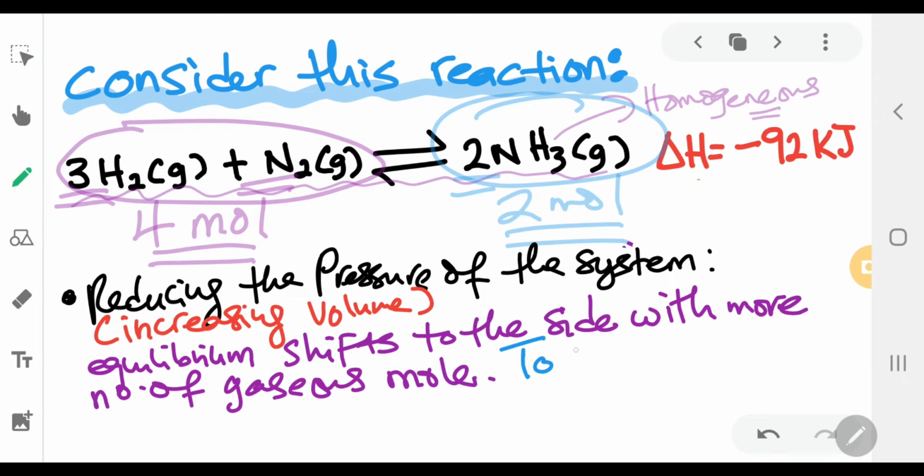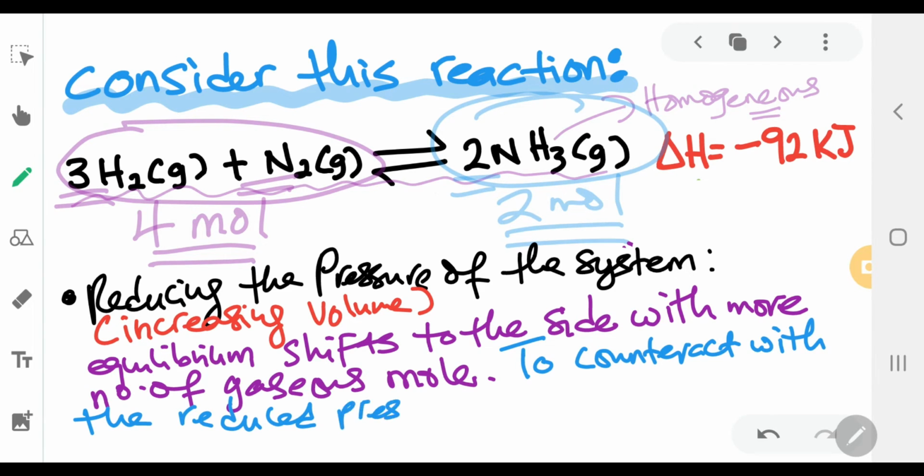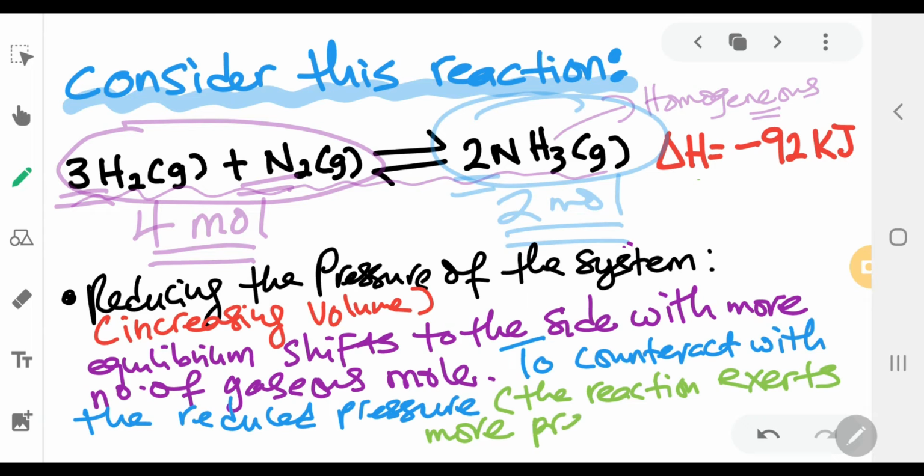This is to counter the reduced pressure. That means the reaction exerts more pressure. Okay?